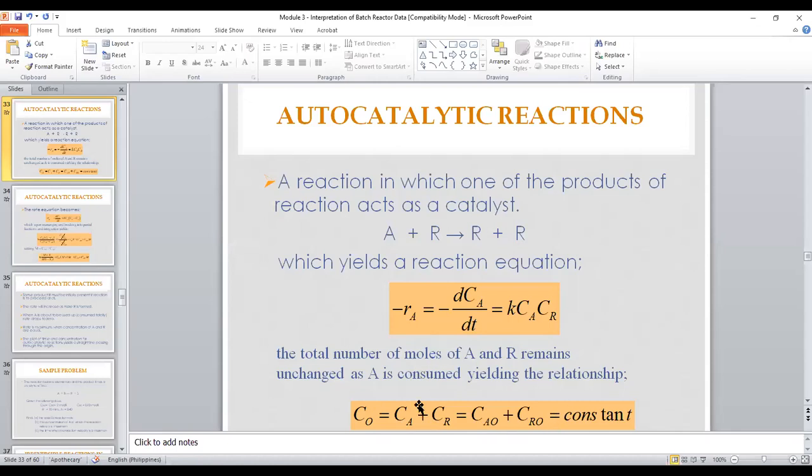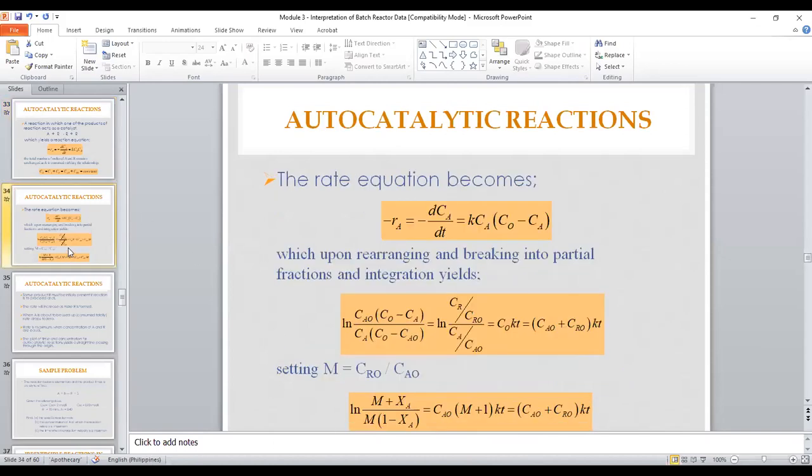So the initial concentration of the two is equal to the sum of their concentration at any particular time. Why? Because it's a constant. The sum of the two concentrations is a constant.